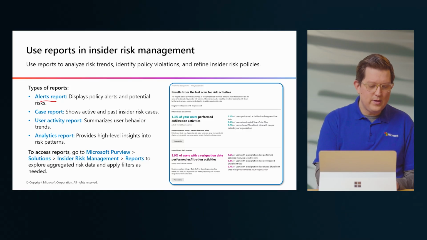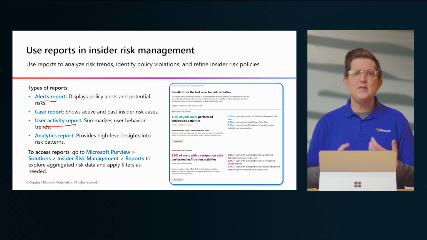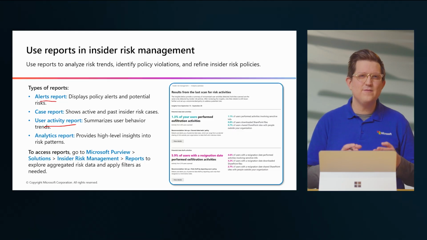From there, we have our user activity report. Behavioral trends. So are we seeing a large increase in certain odd types of actions? Maybe that indicates a change in work behavior or potentially that there's some other campaign ongoing. Regardless, it gives us broad insights rather than us having to think at an individual data point level.